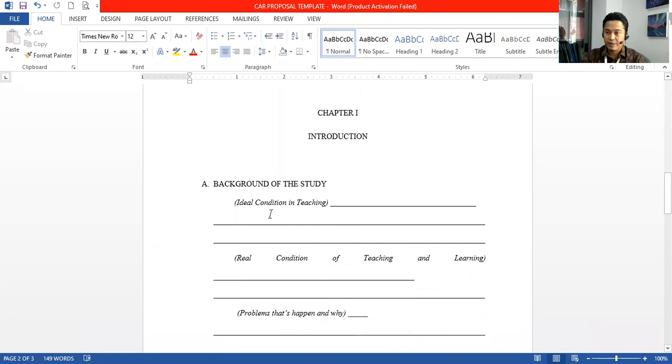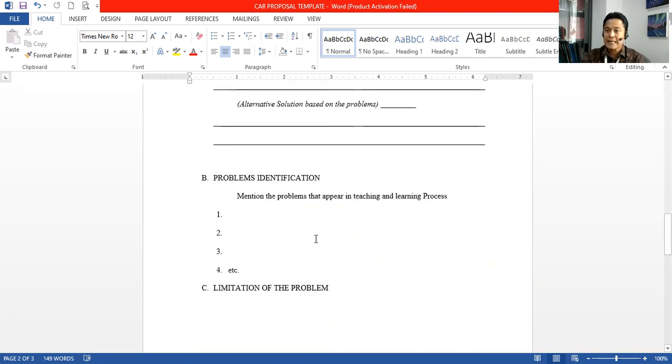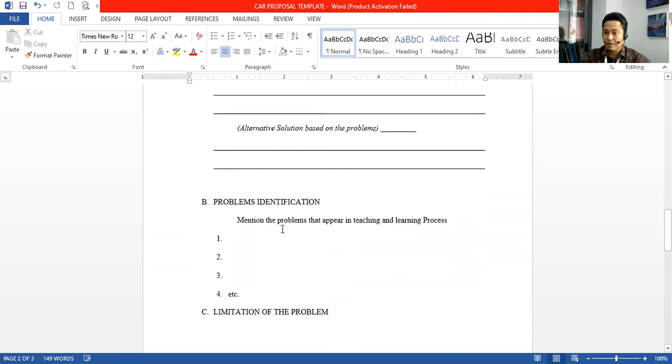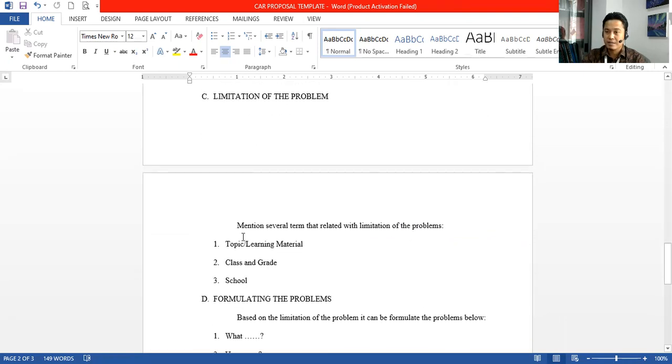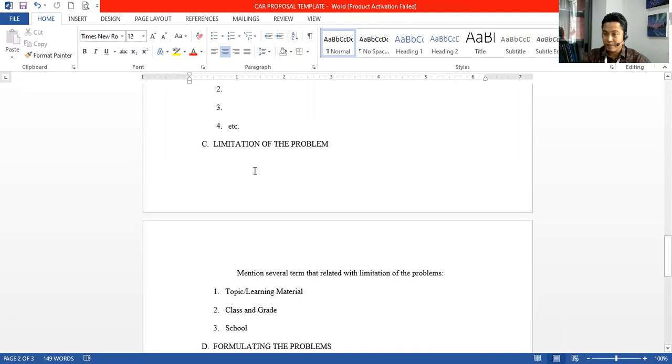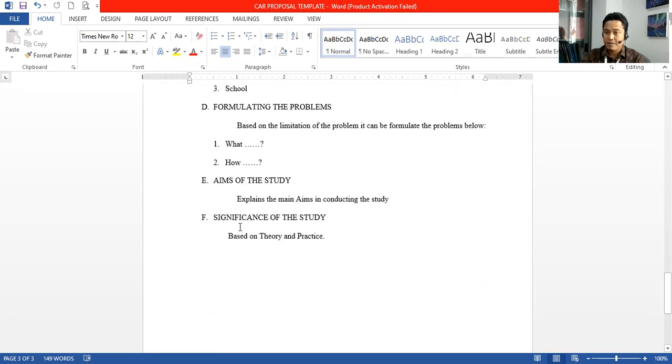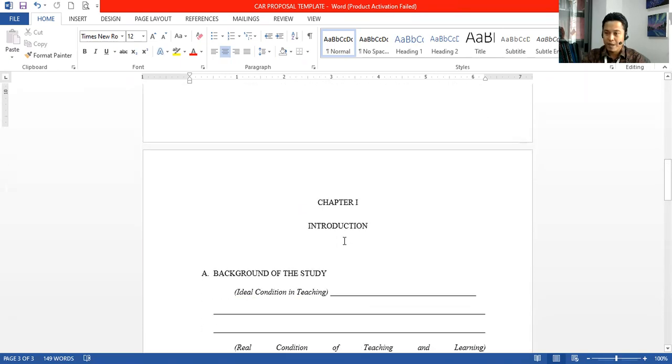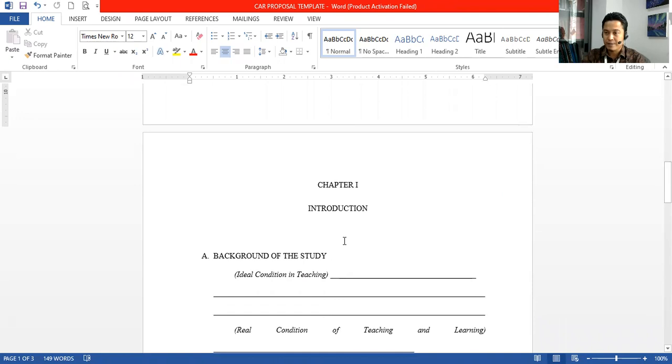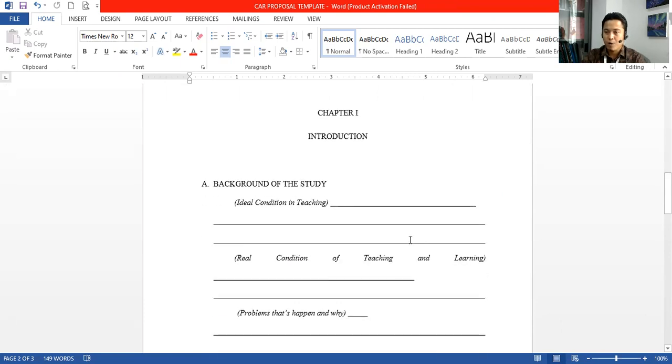The first is the background of the study, then the problem identification, then the limitation of the problem, then formulating the problems, then the aims of the study, and the last one is the significance of the study. I'll explain it one by one. When you create your first chapter, it may consist of about 10 pages or 15 pages, maybe more than that.